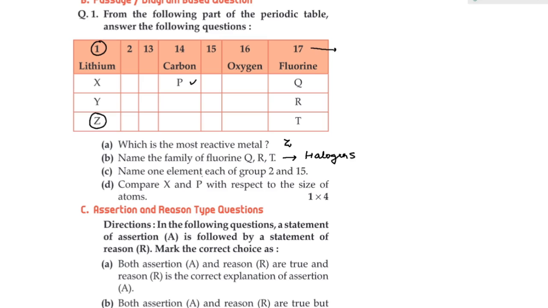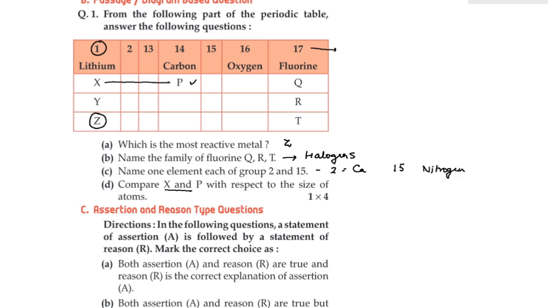Name one element which is in group 2 and group 15. For group 2, we can go with calcium. For group 15, we can go with nitrogen. Compare X and P with respect to size. I can see that they are in the same period.